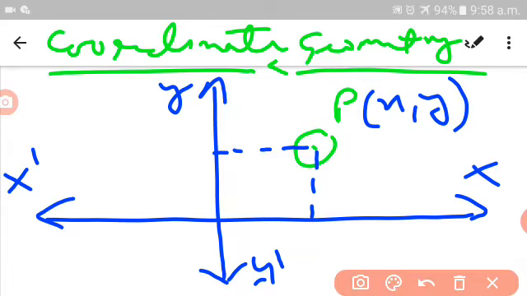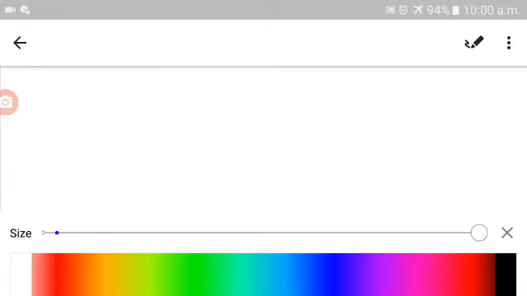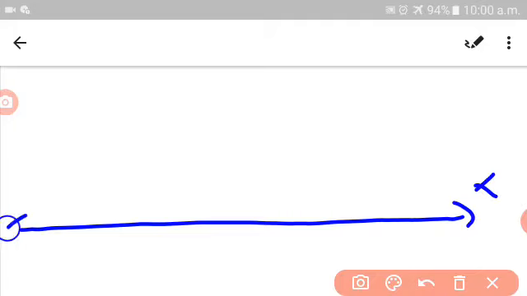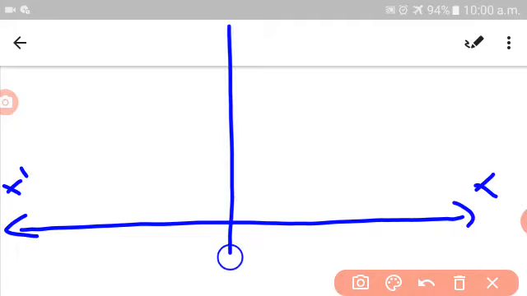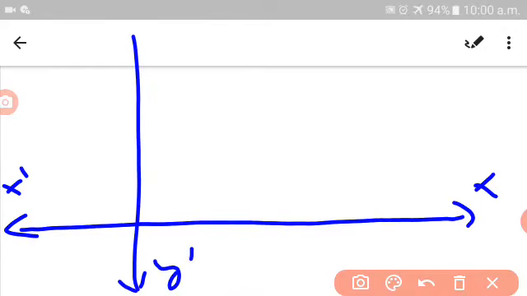Now what is distance formula? See, check it out here. Let us say this is our x-axis, x dash, and this is our y-axis, y dash, and we are having 2 points.